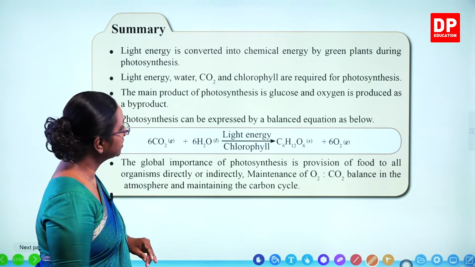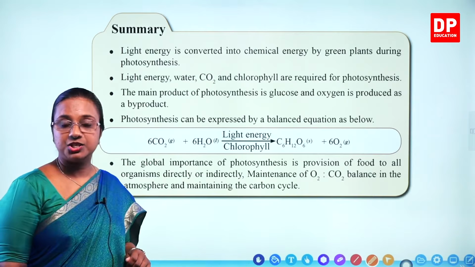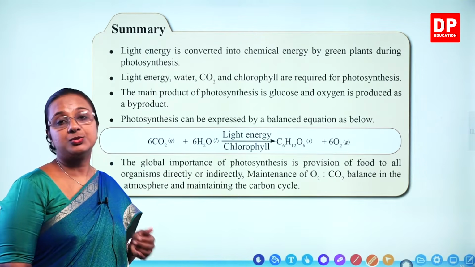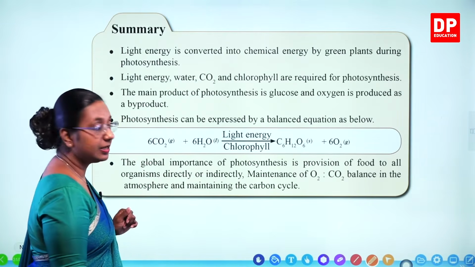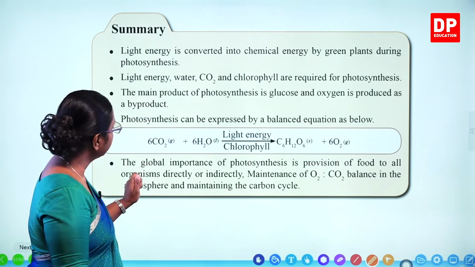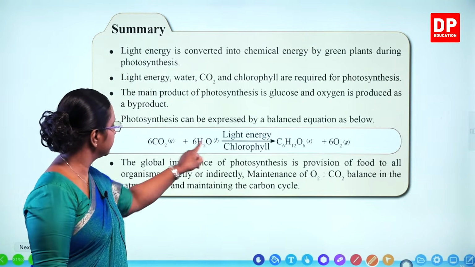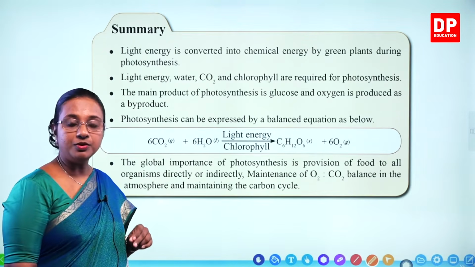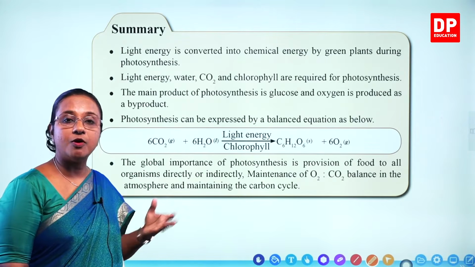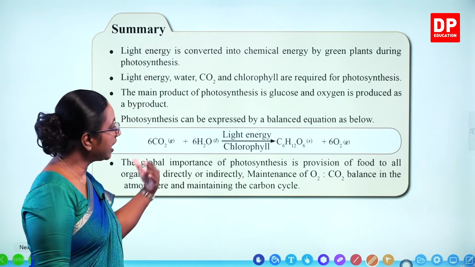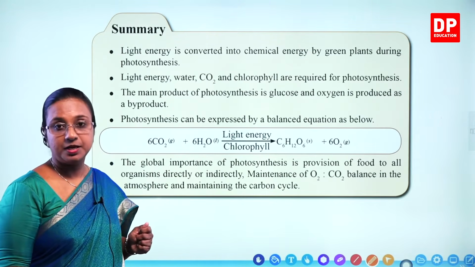Photosynthesis can be expressed by a balanced equation as below. You all know how to write the word equation as well as the balanced chemical equation. 6 CO2 gas, 6 H2O liquid. We didn't use these physical states before. That is to show in what form these substances are absorbed or used up and then produced.